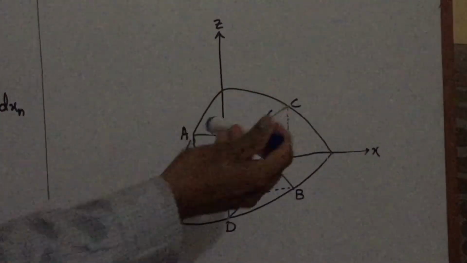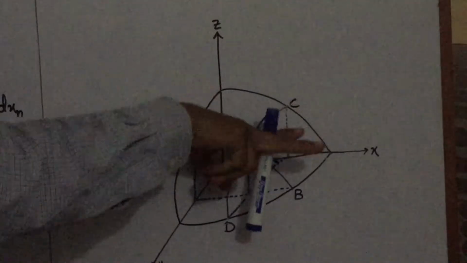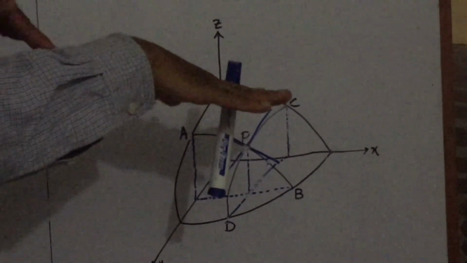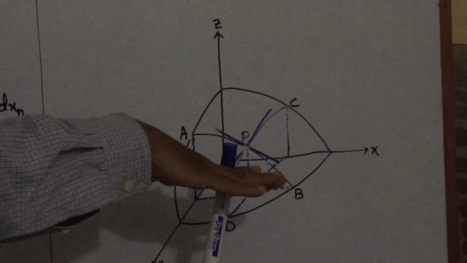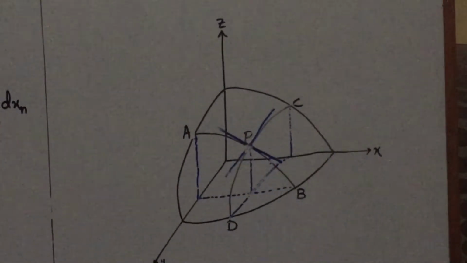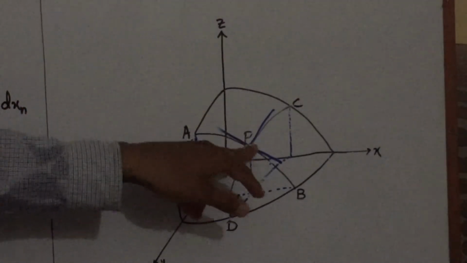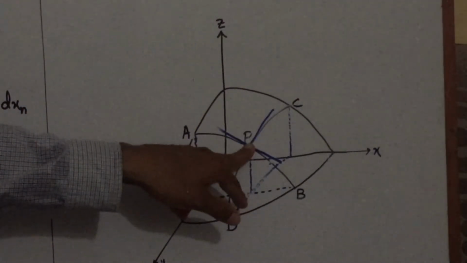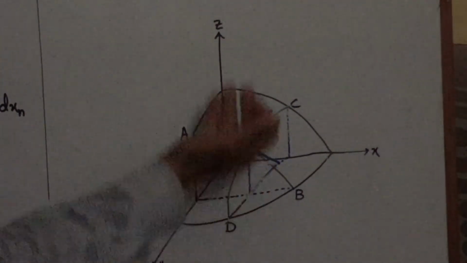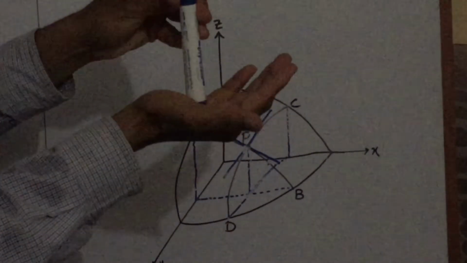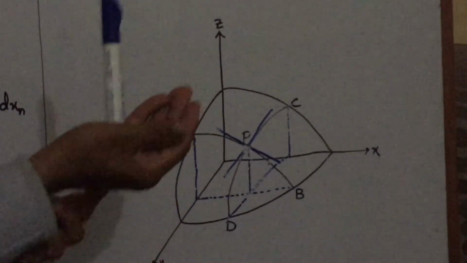If the normal line is downward, it means the slope is negative. If the second derivative is negative, this point is a maximum point. If the second derivative is positive, this point P is a minimum point.